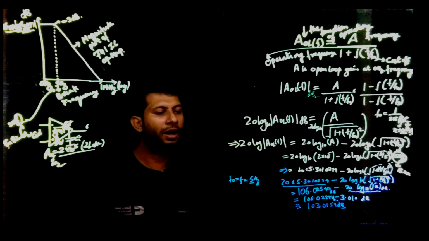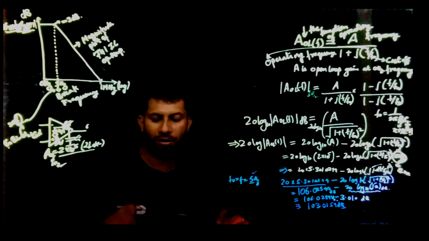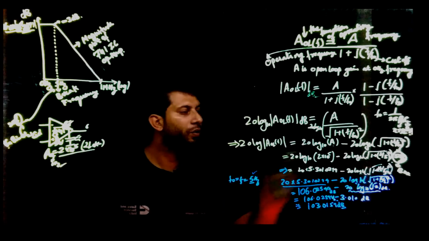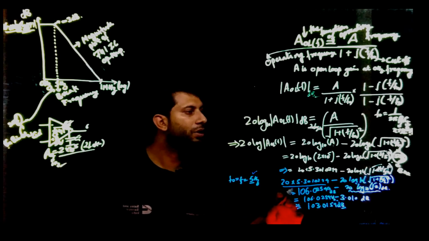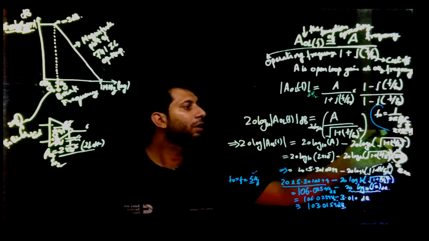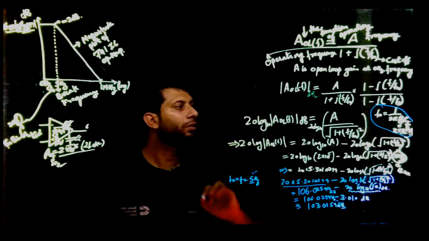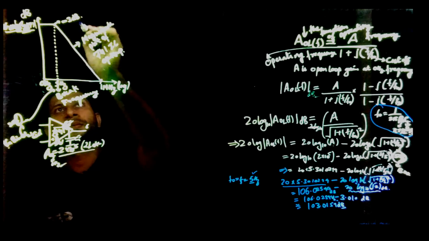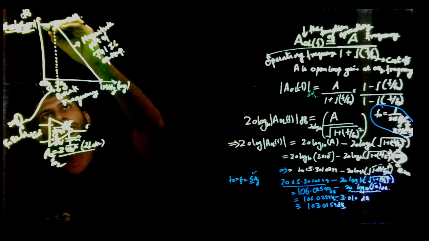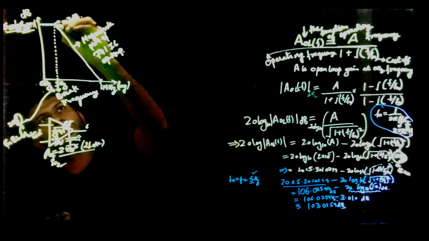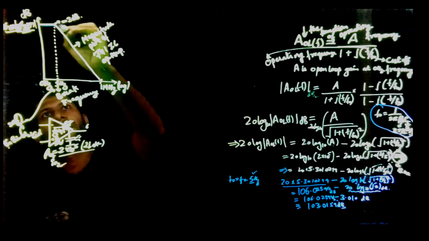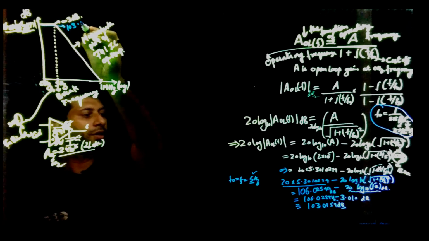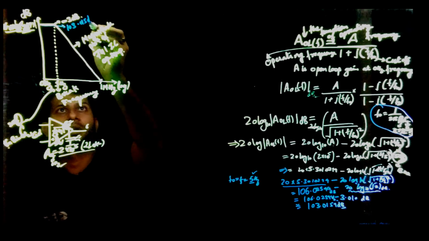That means at this 5 hertz operating frequency, which is also the cutoff frequency because of the parameter, the gain comes down, and at this point the gain is 103.015 dB.